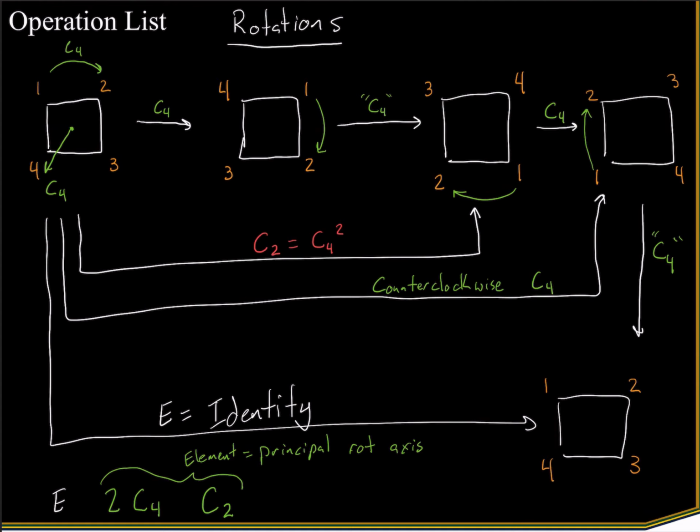And so this is the list as it exists so far. So let's look at our other proper rotations. Before we start doing any other fancy manipulations, what other proper rotations do we have? We're going to have to move away from our principal rotation axis. So let's draw our molecule or our structure out again.